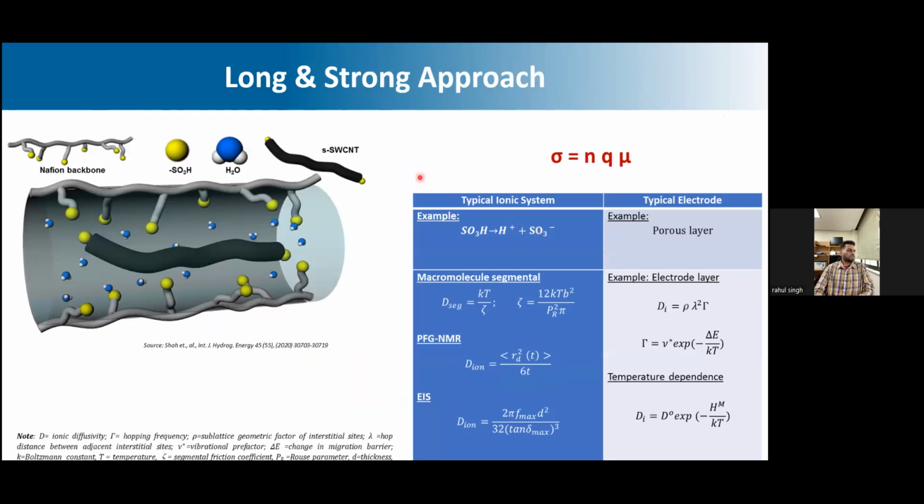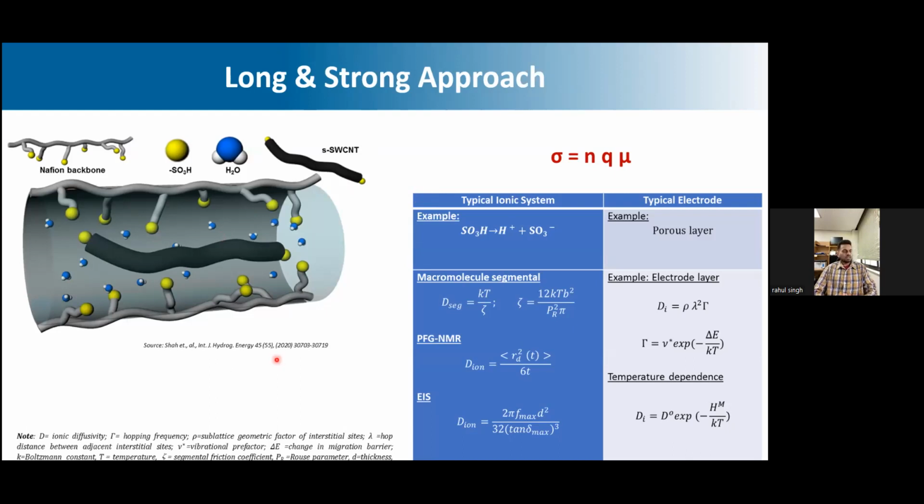Here we are introducing some single wall carbon nanotube, because it has been well reported that single wall carbon nanotube is very strong, with very high mechanical strength. We are introducing it inside, and we think it will give stability to the membrane.